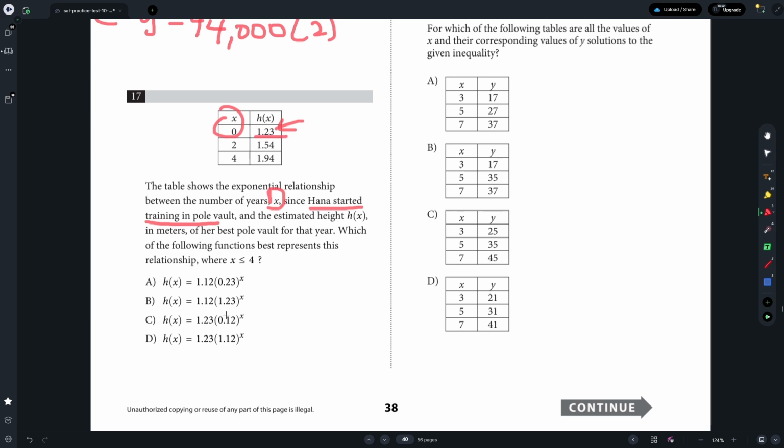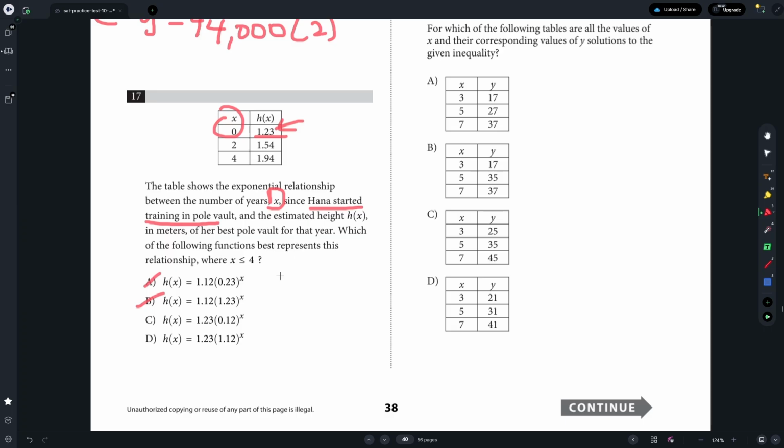So if we look at the choices, we know that 1.23 is the principal value. It's the start. So we know that A and B are wrong because 1.12 is not the principal value. It's actually 1.23.